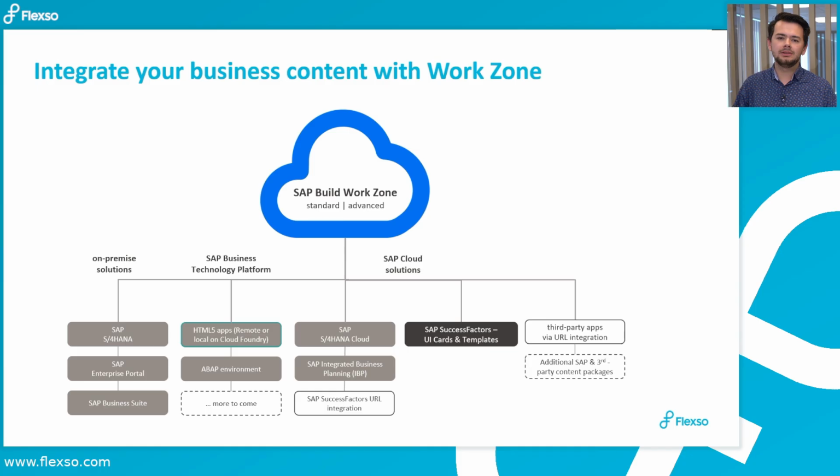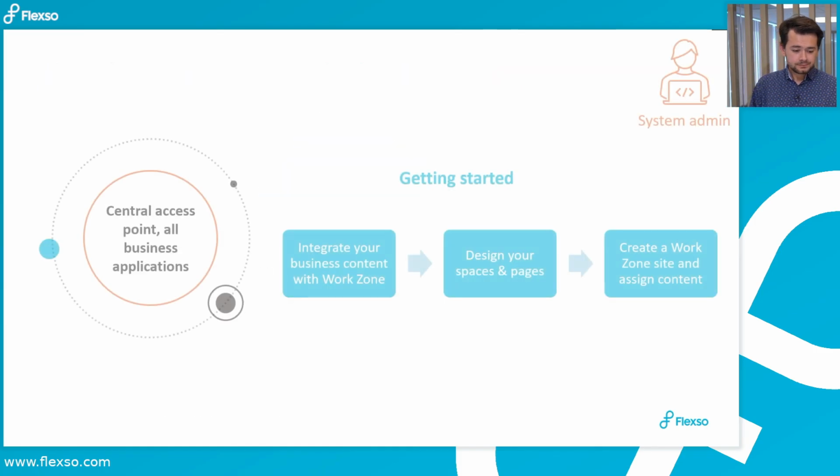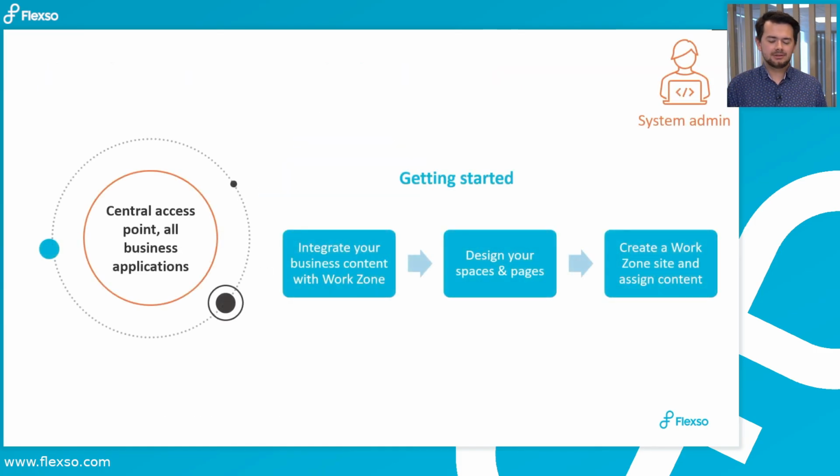So you will have to manually create tiles that will connect to a specific page in SuccessFactors. And also for third-party products, you usually have to create the tiles manually. So it's a combination of both, and by using the right setup for the right system, you can achieve one big centralized system. Okay. And after that, you can start to design your spaces and pages.